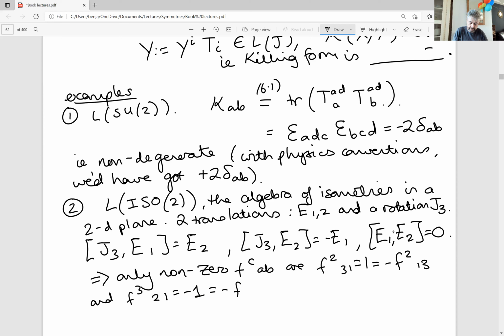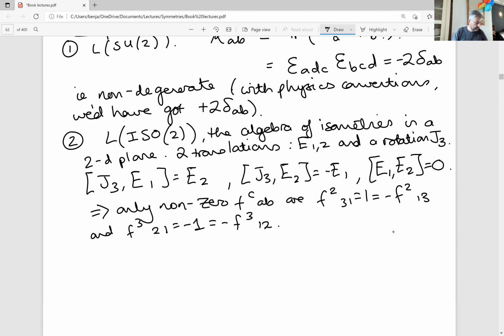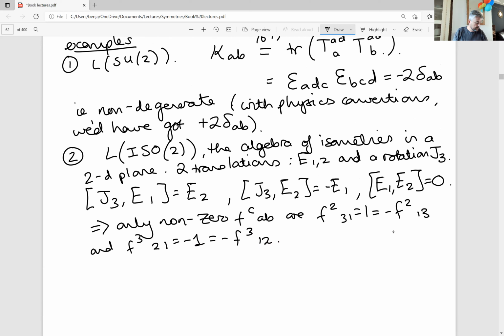Of course, we've got the antisymmetry on the final two indices of the Fs. So remember that before we derived that F^C_AB is equal to the adjoint matrix of the basis element, the C-th row and B-th column.